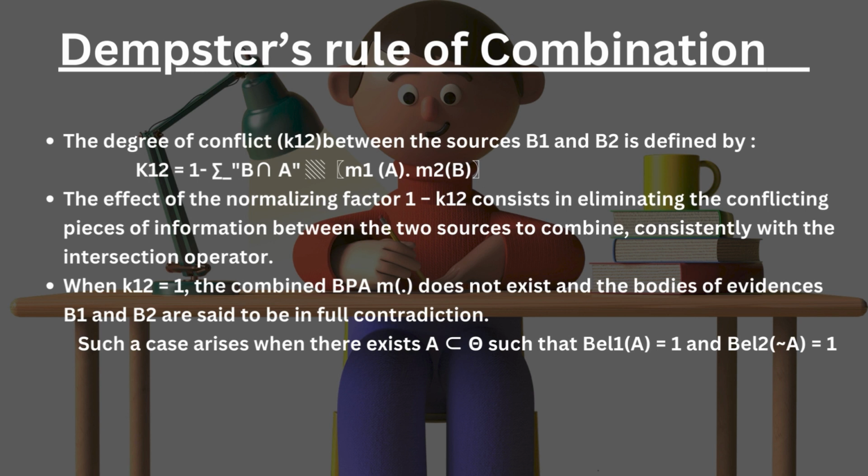And when K12 is equal to 1, it indicates that the combined basic probability assignment does not exist. Bodies of evidence B1 and B2 are said to be in full contradiction. This situation arises when there exists a subset A, a proper subset of theta, the frame of discernment, such that belief in A and belief in not A are both equal to 1.